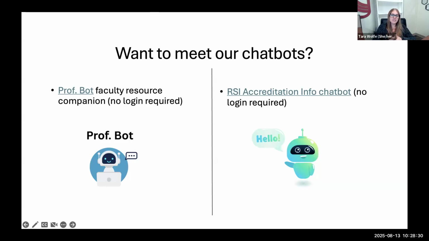ProfBot is for general questions about teaching online. And then there's the RSI accreditation info chatbot. Again, there's no login required. You can choose to be anonymous in there. So these are here for you to use, ask questions. If you have any other questions or you're not getting a great answer out of the chatbot, you're more than welcome to email Distance Learning for us to answer your questions more fully. I'll copy and paste the links for these and put them in the chat in just a moment.